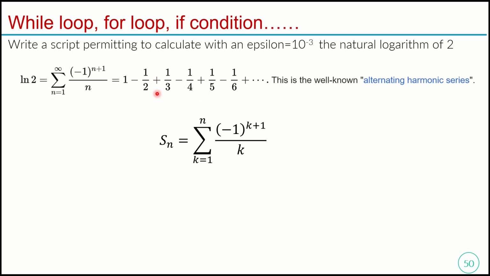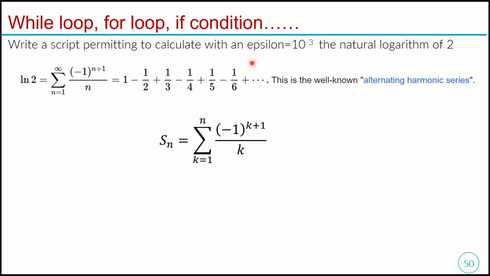So in order to find a good approximation of the logarithm of 2, I'm going to sum this value. So I created a series, and when n tends to infinity, it should converge to this limit.